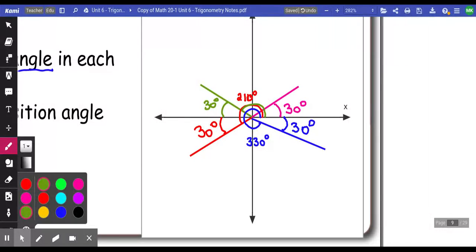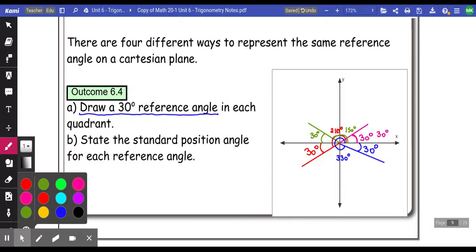That would be 150 degrees. And then the pink one right here would have a standard position angle that's also 30 degrees, the same as the reference angle. So we need to make sure that we have our definitions straight. Reference angle goes to the nearest x-axis.